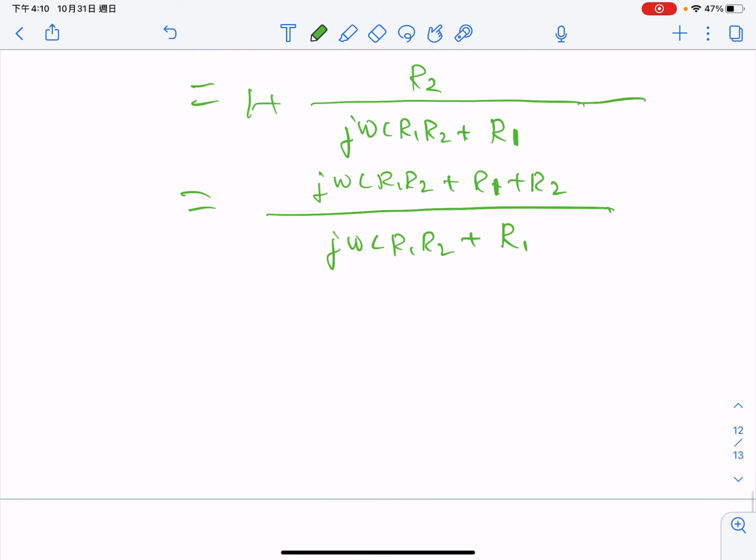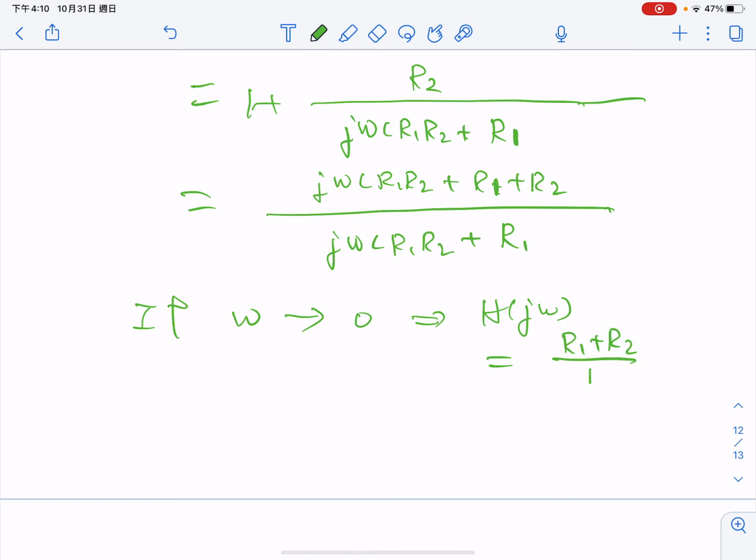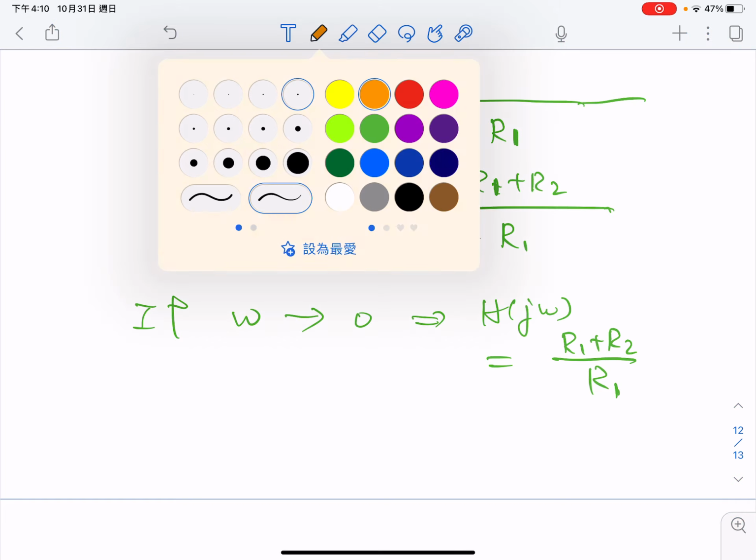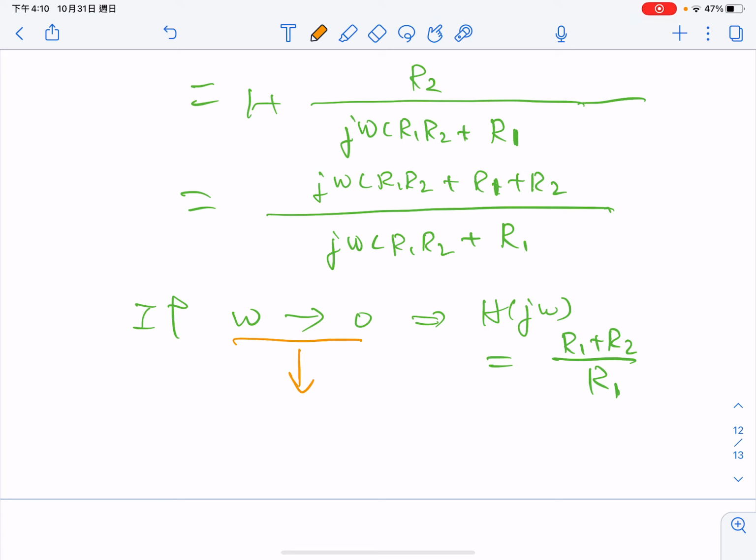So let's imagine that if omega goes to 0, then H of j omega will be equal to R1 plus R2 over R1, right? So in this case, this is close to the DC condition, meaning that the V input is DC.